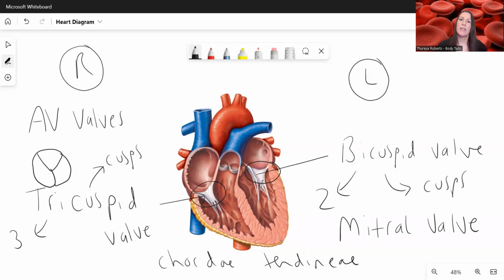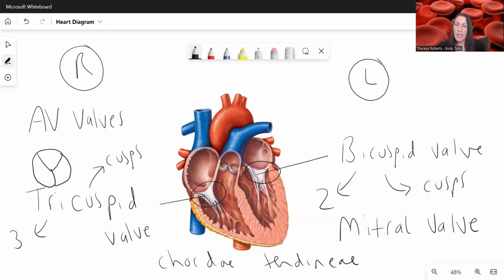These tendons help hold the valves in place. We have papillary muscles as well, helping to hold the valves in position. Those valves are pointing downwards, so that when blood flows into the top two chambers, the atria, it will naturally flow downwards because of the way the valves are positioned within the heart.